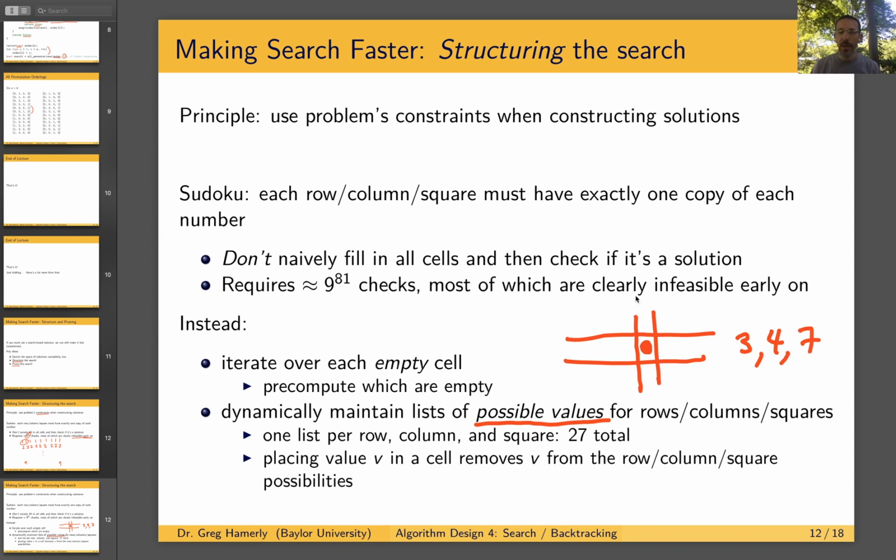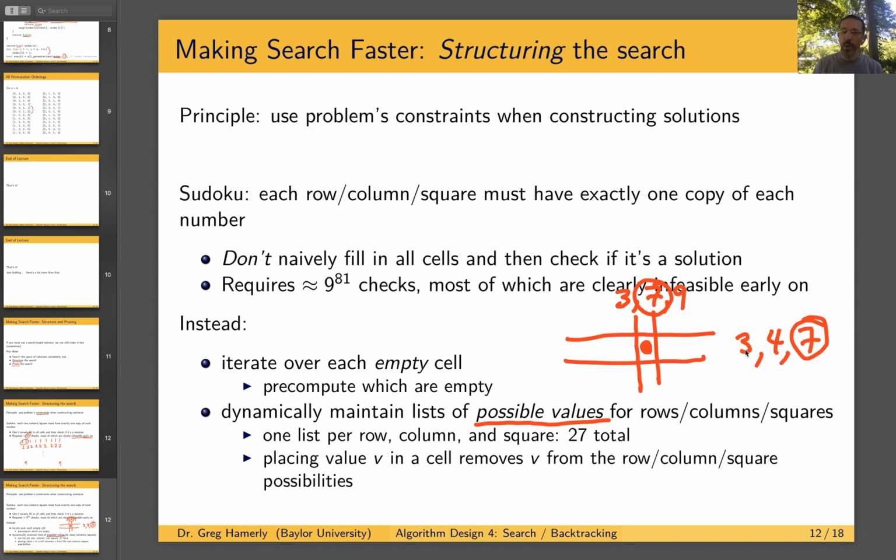And this column might only have available values 3, 7, and 9. And maybe the square that it's in only has available values 7 and 9. If you intersect all three of those, the only common value between them is 7, right? 7 is common to all three lists.